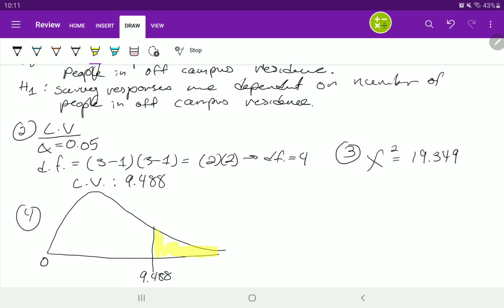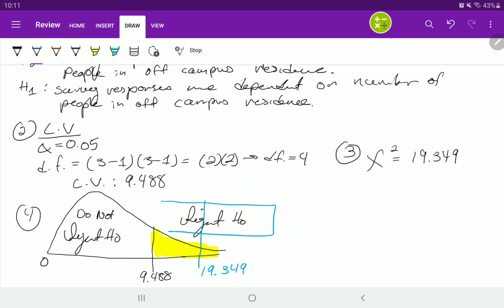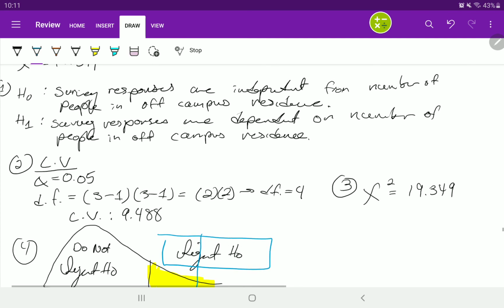If our test statistic falls in a highlighted area, we reject the null. If it does not, do not reject the null. 19.349 will fall somewhere over here to the right. Because it falls within our critical region, we're going to reject the null hypothesis.